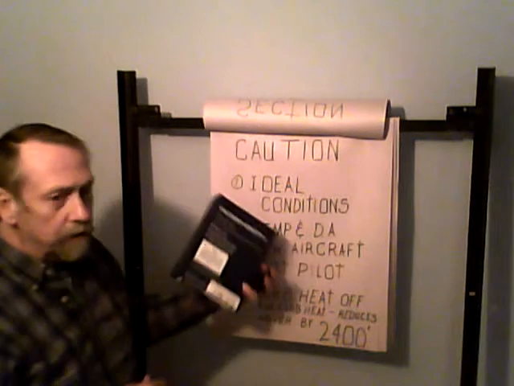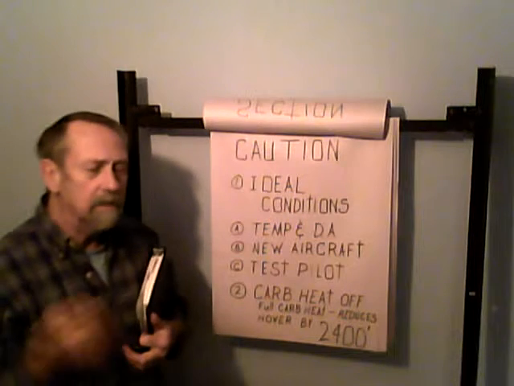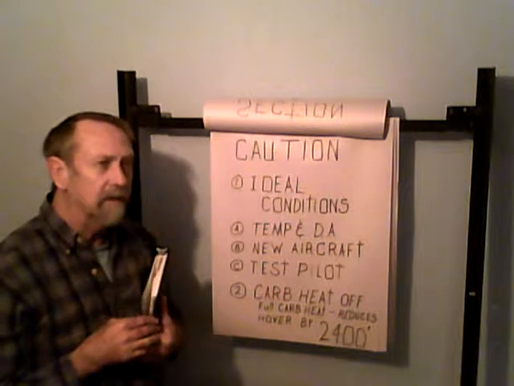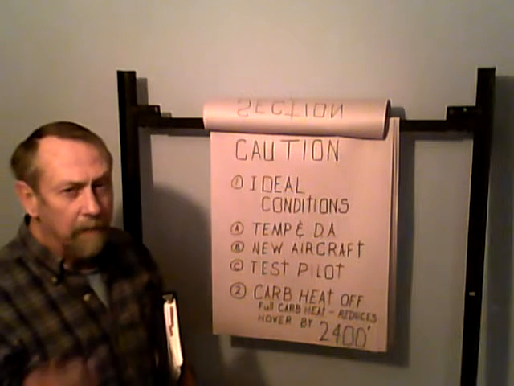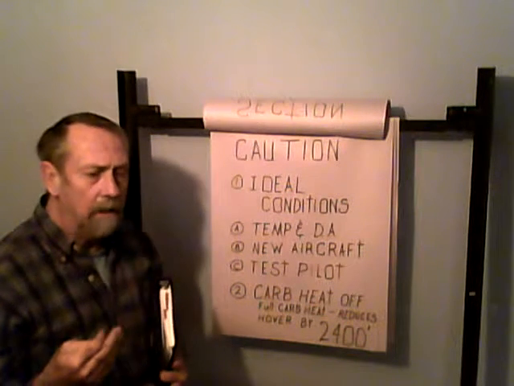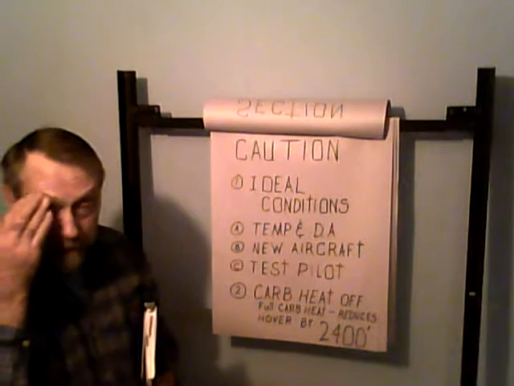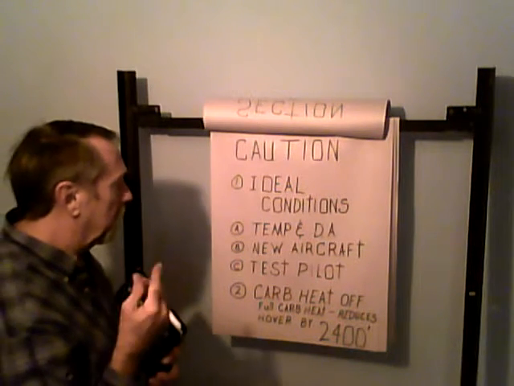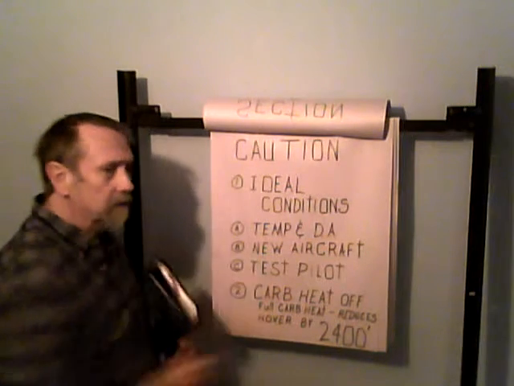It also continues on with cautions, and this is a very important part. It's not small print, but it is part of the section that you might normally not read. I would like to make this really important to you because most POHs have this characteristic. The situation I'm talking about is ideal conditions.